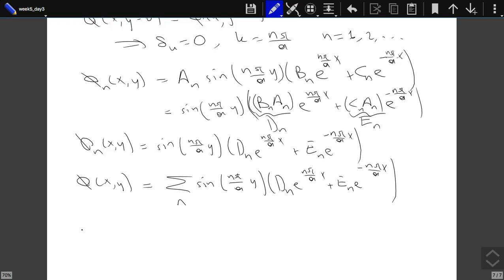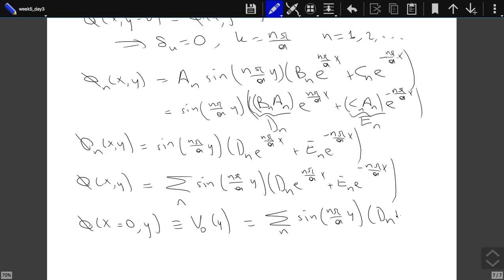The remaining boundary condition is phi at x equal to 0, y. This should be v0 of y. This is our boundary condition. But this is our general solution. So if you put x is equal to 0 over there, the general solution just becomes the sum over n of sine n pi over a y times dn plus en.